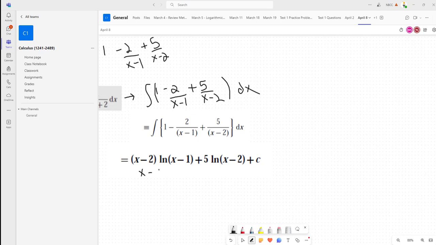So it should be x minus 2 times ln of x minus 1, plus 5 ln of x minus 2, plus c. Okay, so this minus 2 should just be attached to this. And that's just like how we did problem 1. It was just like this.